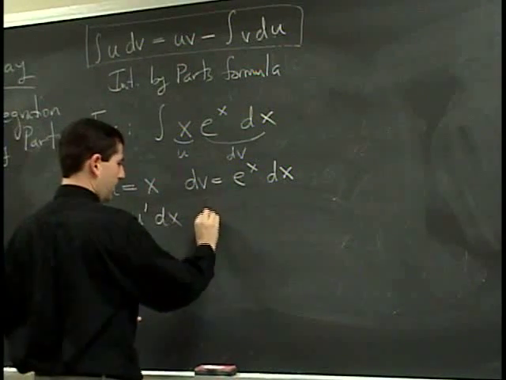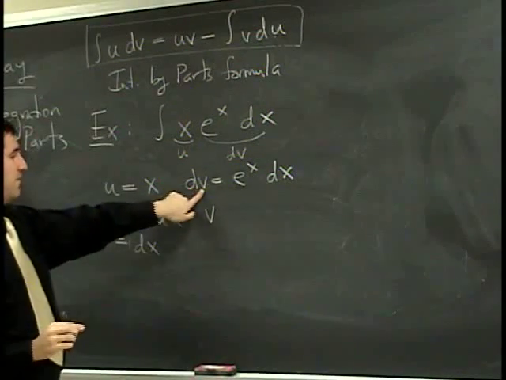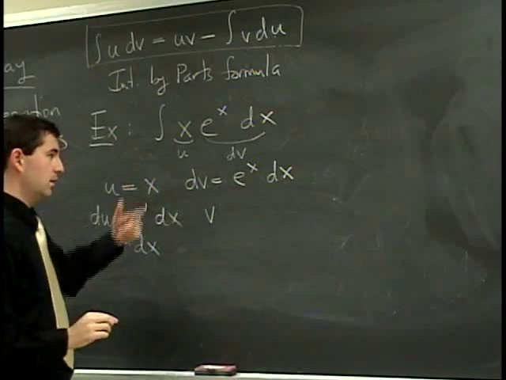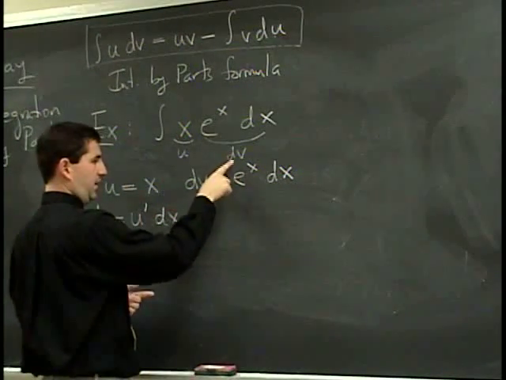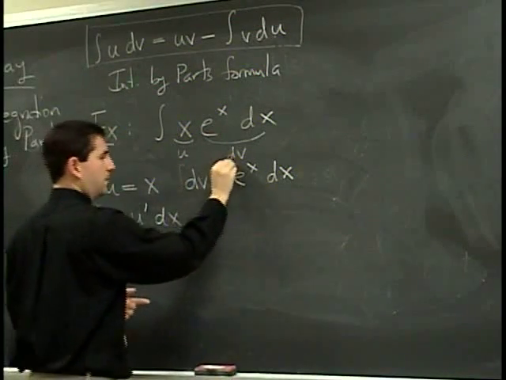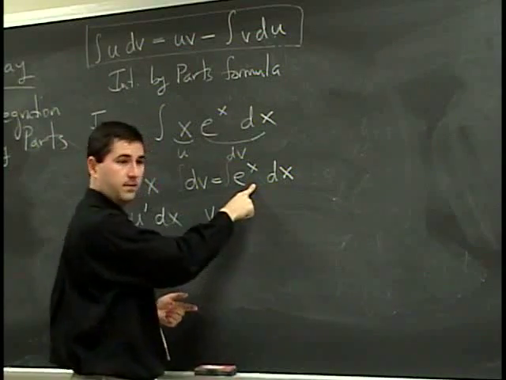And on the other side, I'm looking for v. I know that dv is e to the x dx. So what I need is an antiderivative for e to the x. How can I get v? Well, if I integrate both sides, I'll get v on the left. And on the right, I get an antiderivative for e to the x.